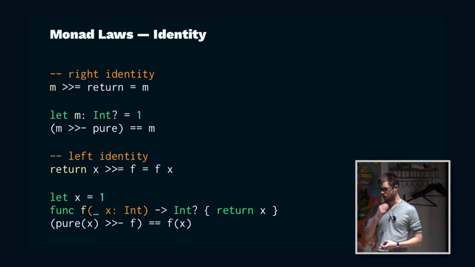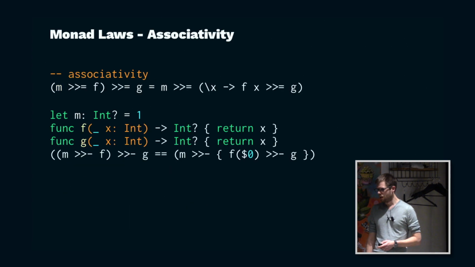The left identity law states that flat mapping a function returning a monad or a structure over a value is the same as calling that function with that value. And then we have associativity, and it again states that the order in which functions are applied does not matter as long as the sequence of operands is not changed.